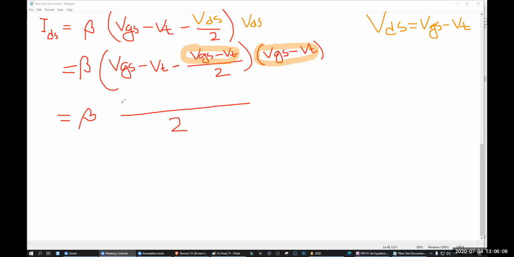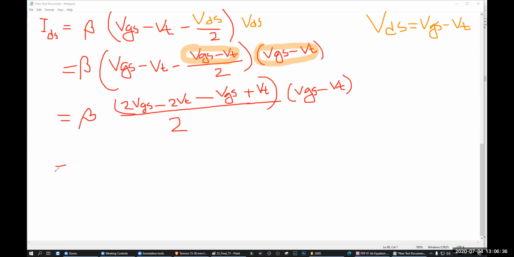So this one, 2 will be multiplied, 2 VGS minus 2 VT minus VGS, minus minus becomes plus. Okay, understood? So beta, 2 VGS minus 1 VGS, so you got 1 VGS, minus 2 VT plus VT, that means you got 1 VT.